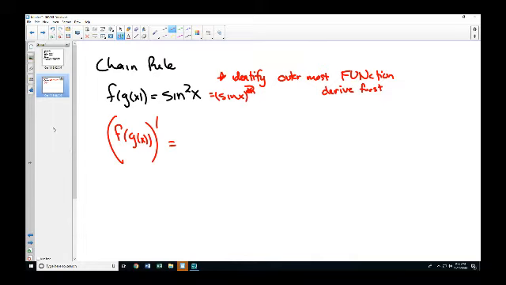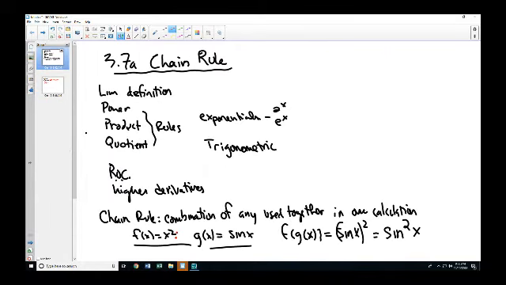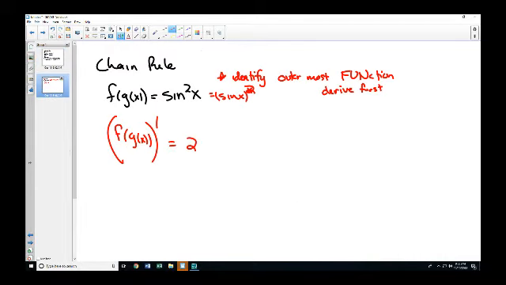So if I were to derive just the x squared, right? What would that be? 2x, okay? So 2. What was inside of that? Sin x. Okay. So we've just done the power rule on the outer function. And then we also have to derive the inside function. We call that the inside.